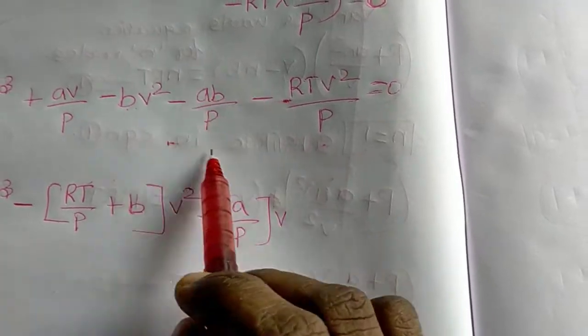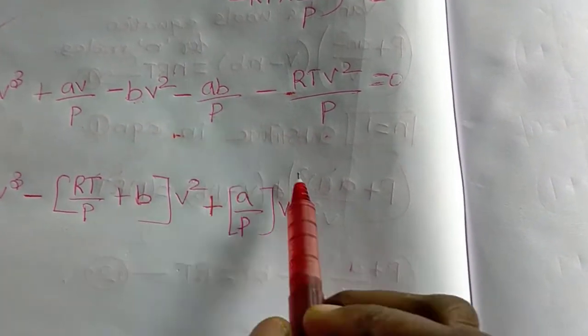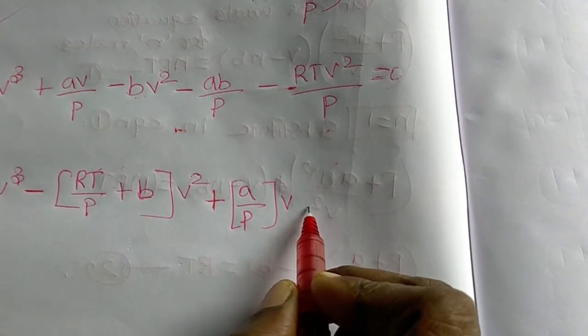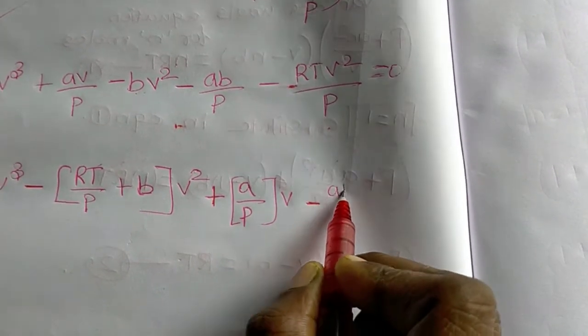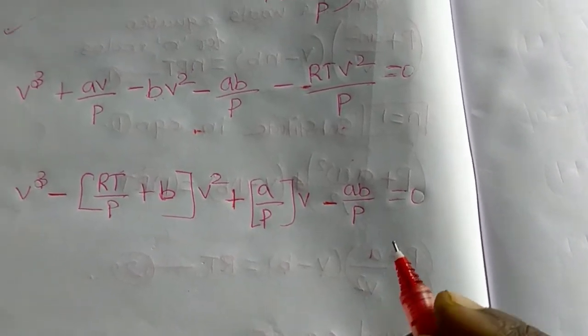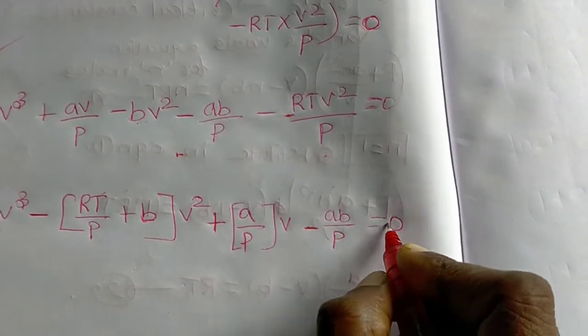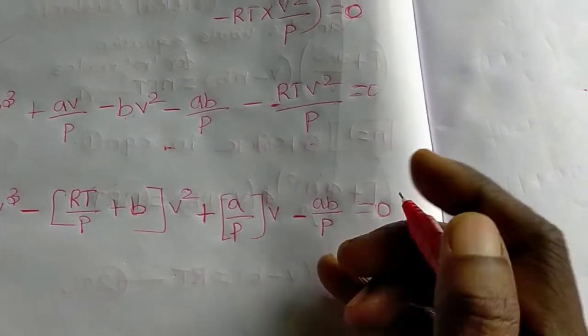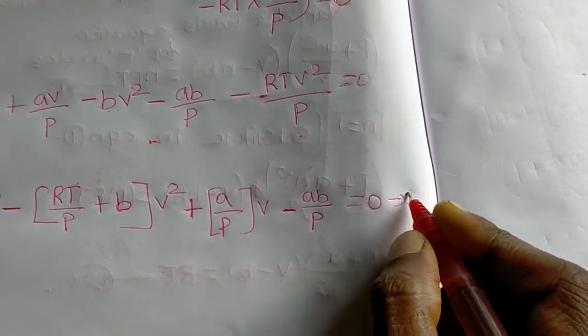Then what is the number term of this equation? ab divided by P. So it is minus ab divided by P is equal to 0. Okay, so name this equation. We named the earlier equation 3, so we name this equation 4.